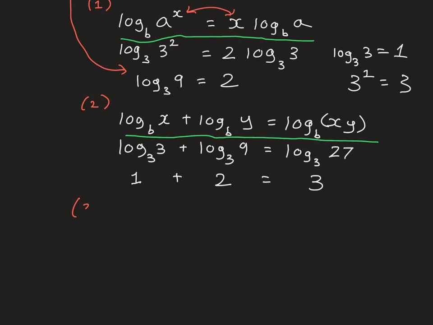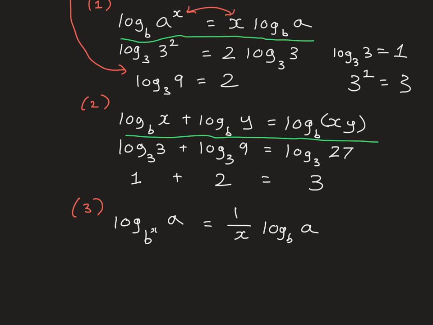Okay, and a third property of logarithms is that log base b raised to the power x of a, so you raise the base to a power, is the same as 1 over x times log base b of a.